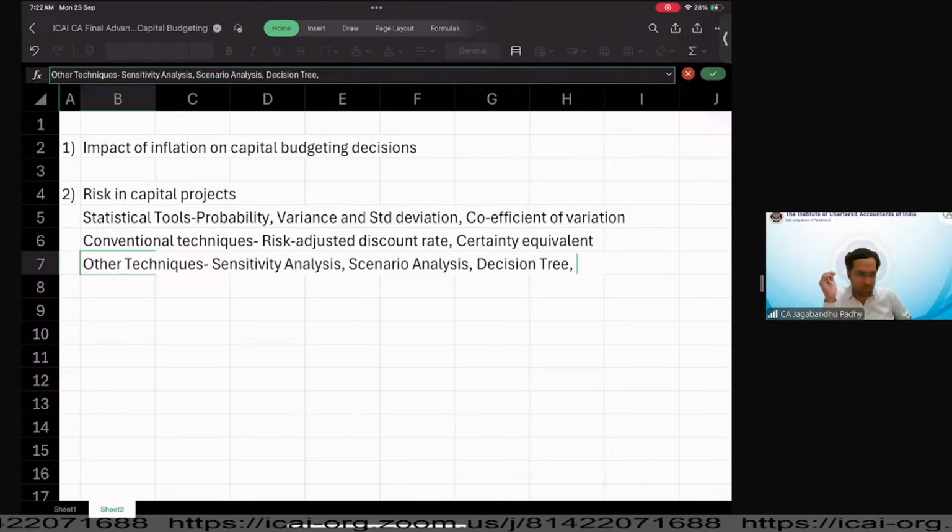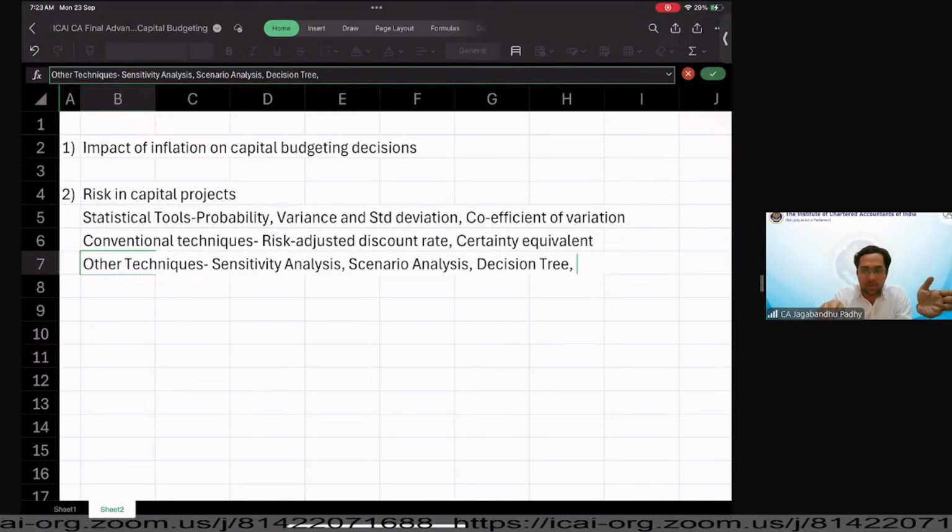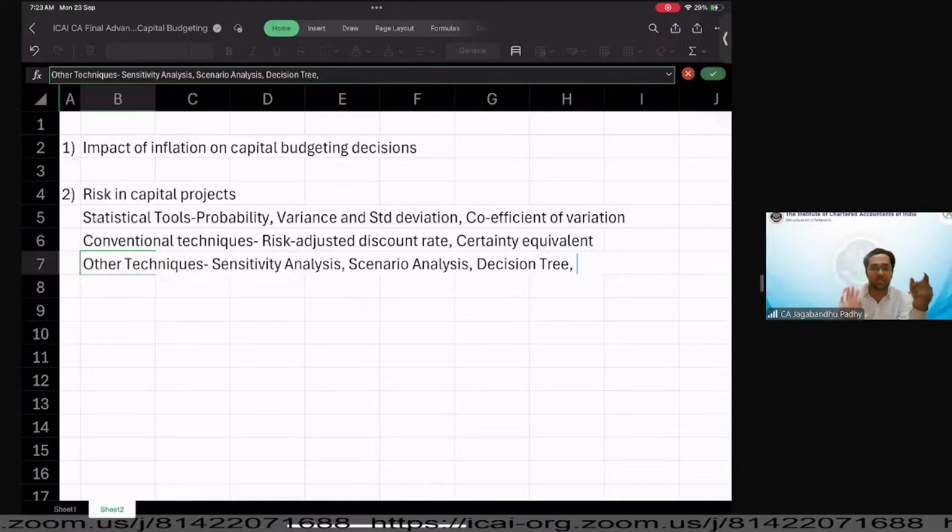Today, I start a project. I have another option not to start a project. If I start a project today, after a year I may take a decision whether to expand that project with one more manufacturing facility or stay wherever I am. Now, my decision will depend on what the outcome is in the first year.